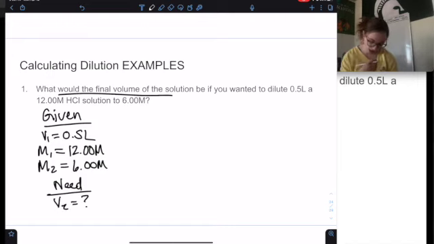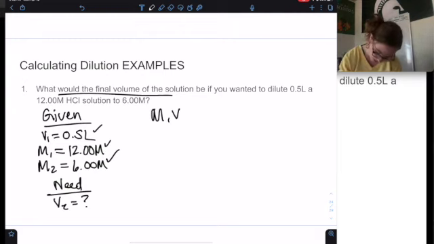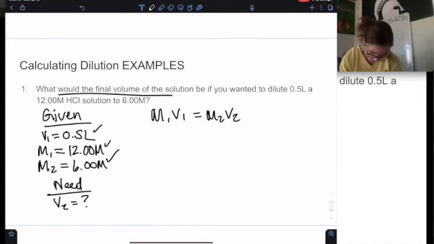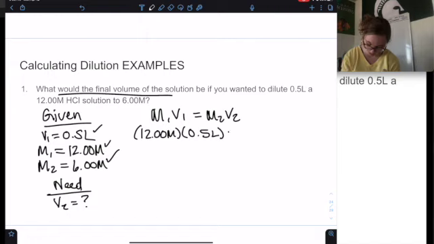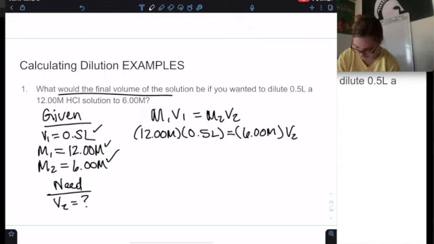So I'm going to set up my equation. My units look like they're right. I've got liters, I've got molarity. Checks out. So I have M1 V1 equals M2 V2. I have 12.00 molar times 0.5 liters, that's my M1, my V1. I have M2, which is 6.00 molar, and I'm going to multiply that by V2.